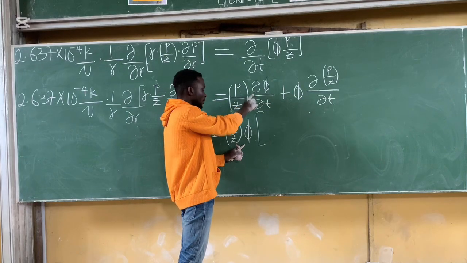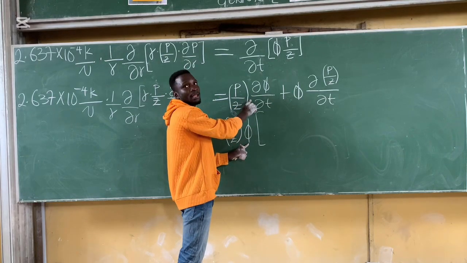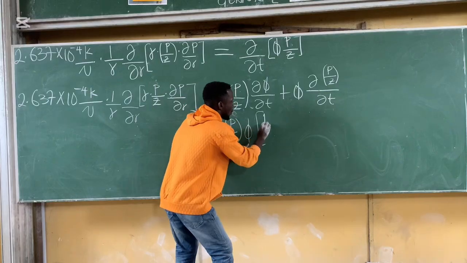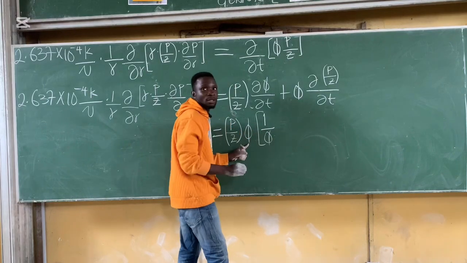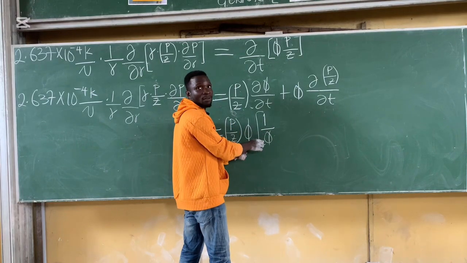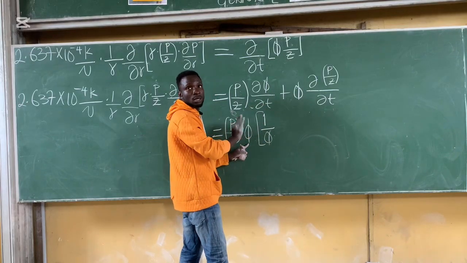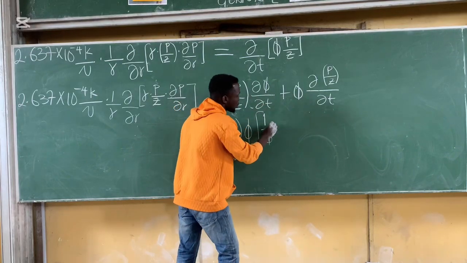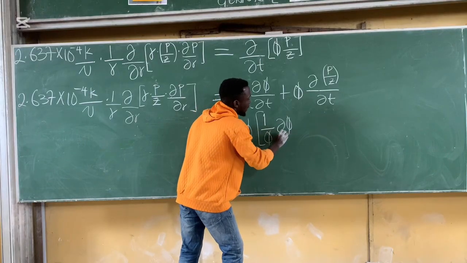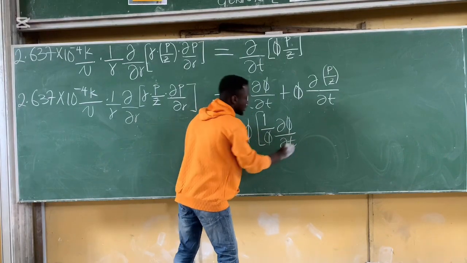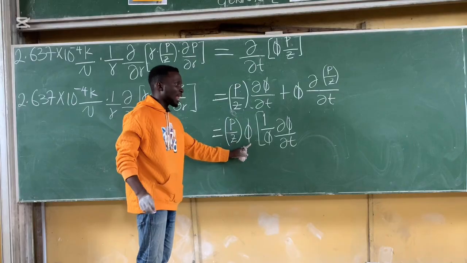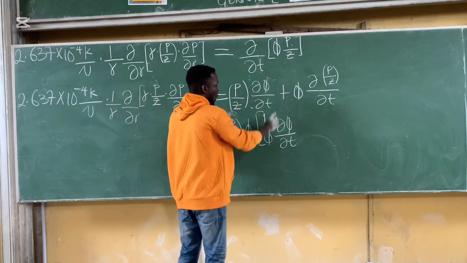Then factor out phi. Is there phi here? No. So here we are going to have 1 all over phi, so that if phi multiplies this 1 over phi, we are going to have 1. 1 times this will also give us the same thing. So this becomes 1 all over phi d phi all over dt. We factor out p over z and phi from this, and we are going to have this.